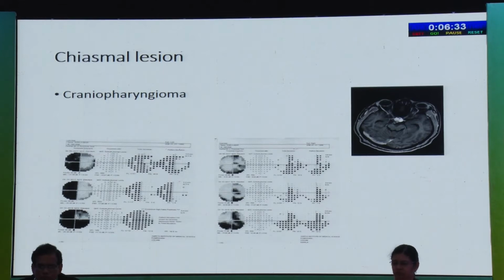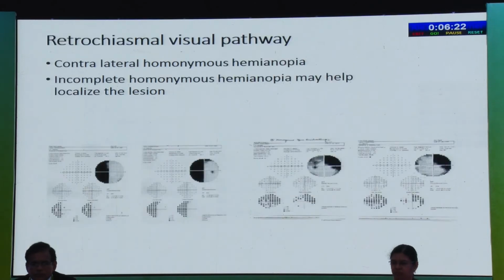Craniopharyngioma also causes bitemporal hemianopia, and here you can see the progression of the disease, involving the nasal field inferiorly.